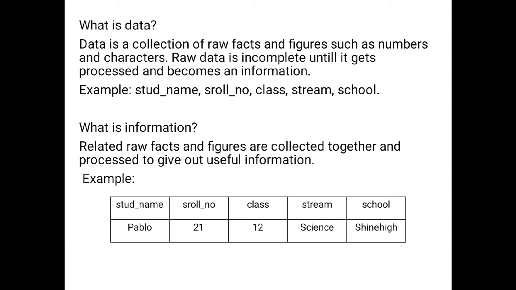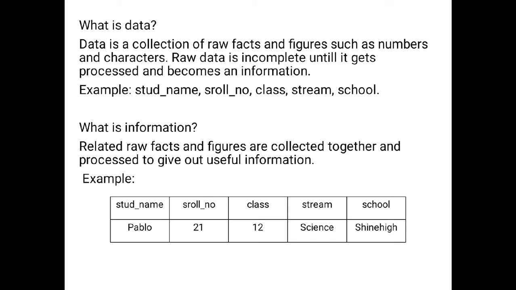It is a collection of raw facts, that is characters, such as student name, stream, school, and numbers such as roll number, salary, class, which contains integer numbers, decimal point numbers. Anything that has to do with numbers and characters is data.